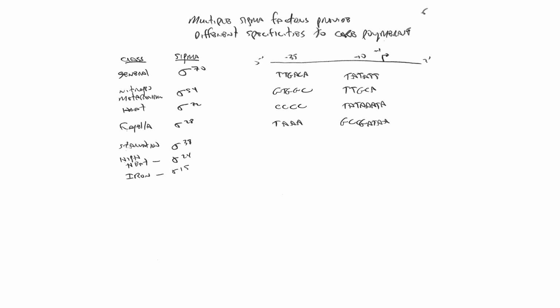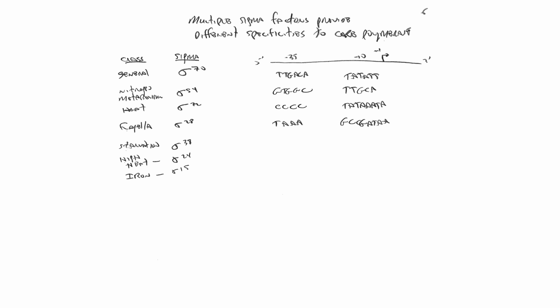Then you have one for flagella, starvation, very high heat, iron metabolism. So the sigma factors direct the core polymerase to different classes of genes when the bacteria needs to turn those genes on. Now the sigma 70, as you see, represents a sigma factor that binds the polymerase, which then expresses what are called the general metabolism genes, general genes.